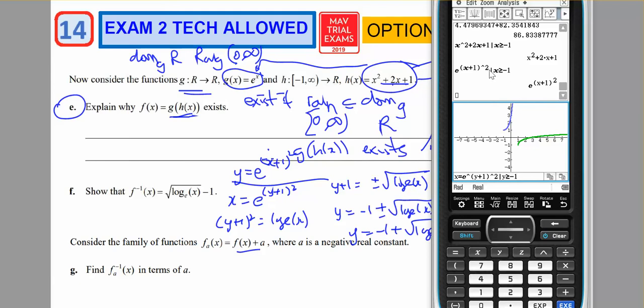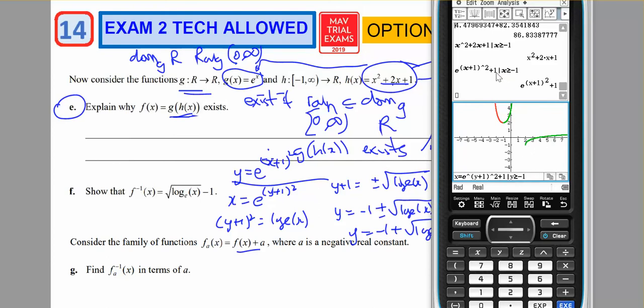So now if I add 1 to that, this one with the restricted domain, it goes up. And if I sketch its inverse, there it is, it's gone further away.